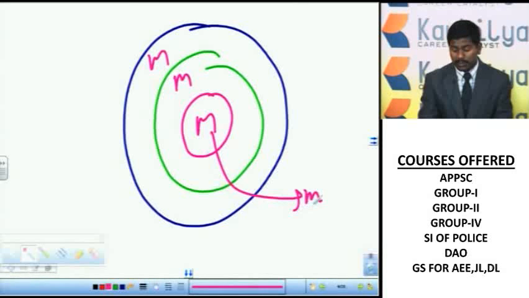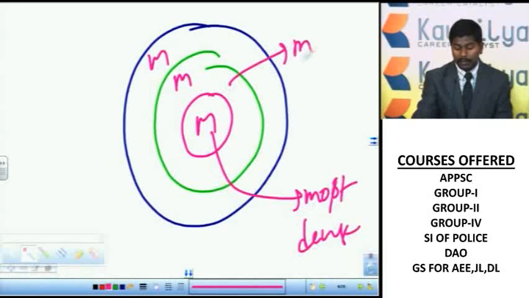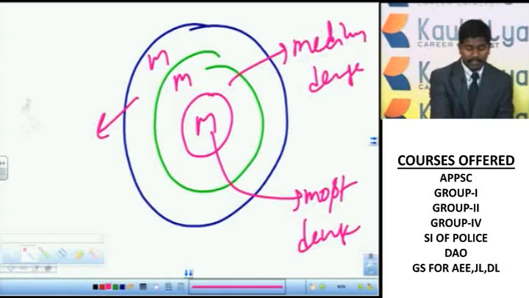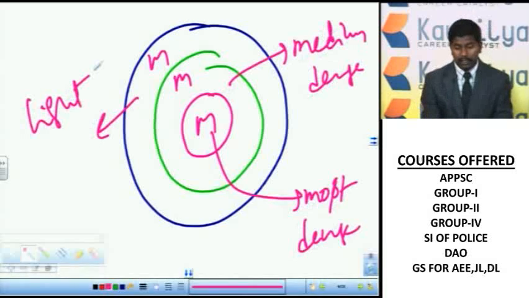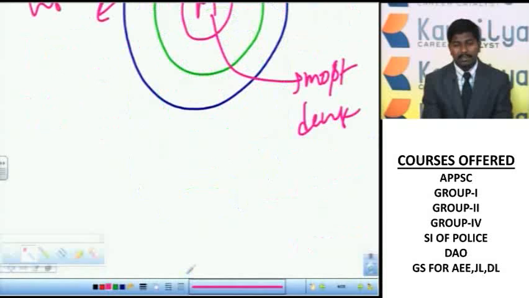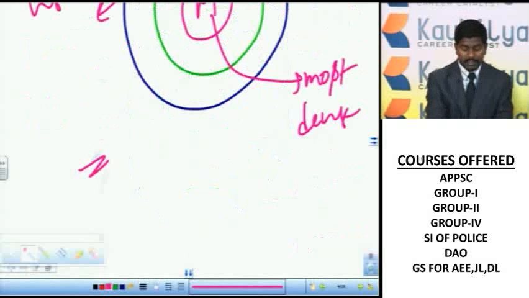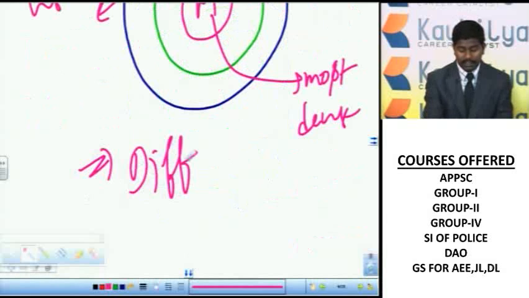The most dense material gets deposited at the center, the medium dense material here, and the light dense material here. That means in the interior earth, the material gets concentrated into concentric circles, and this process is called differentiation.